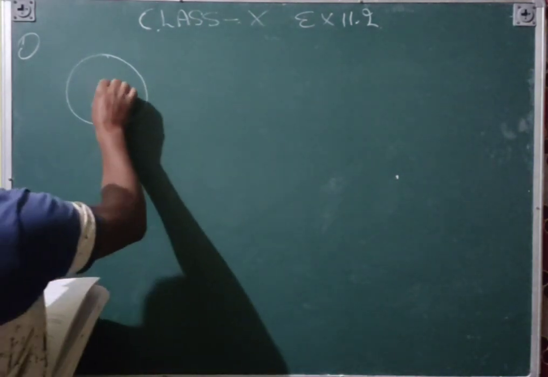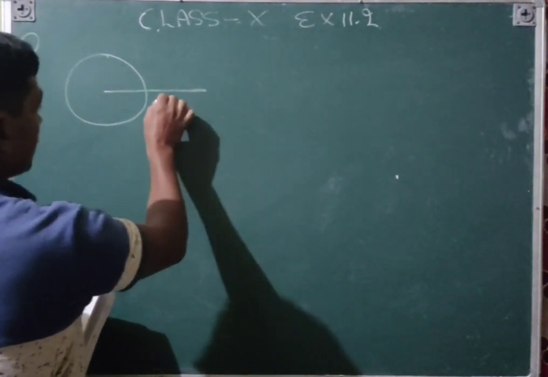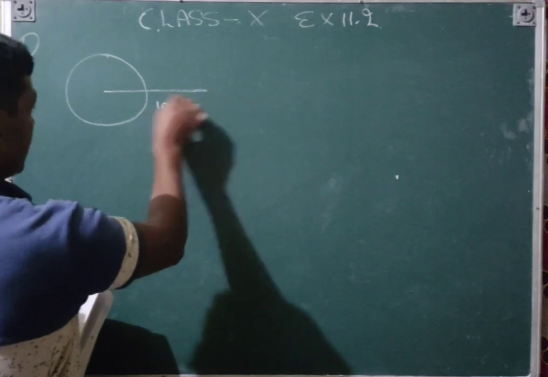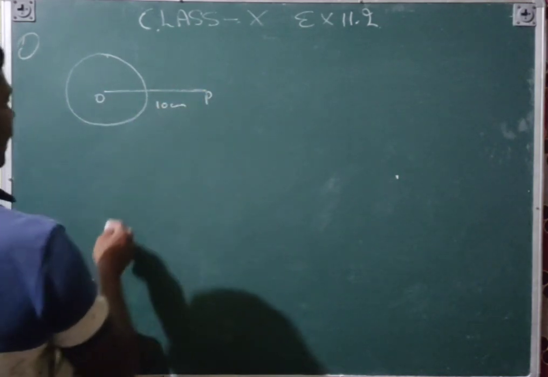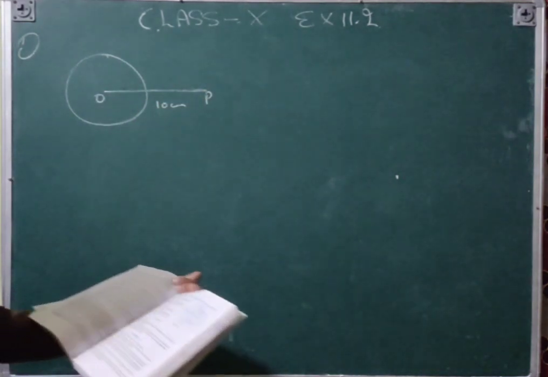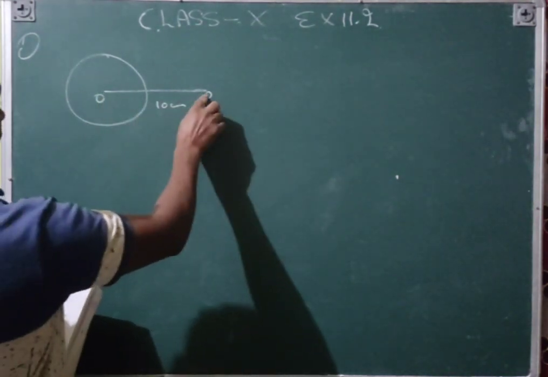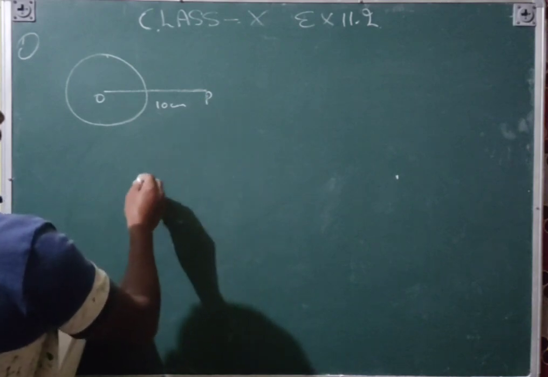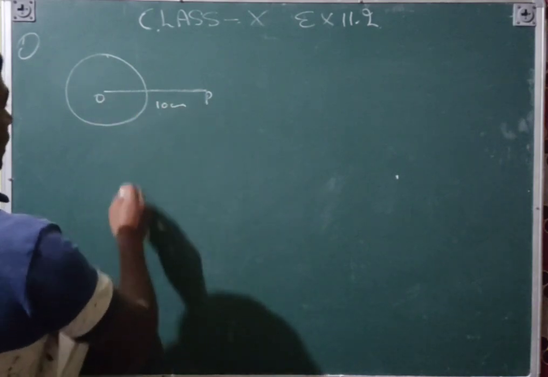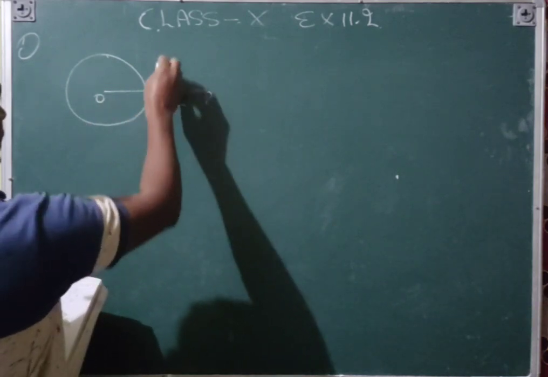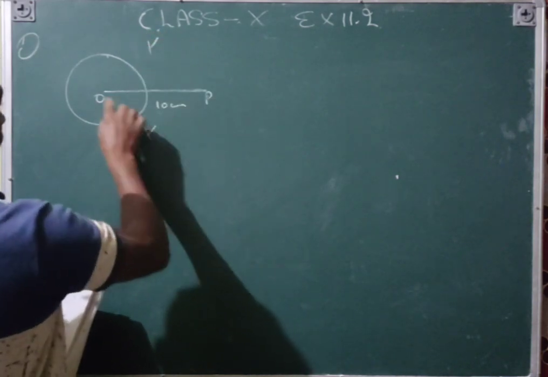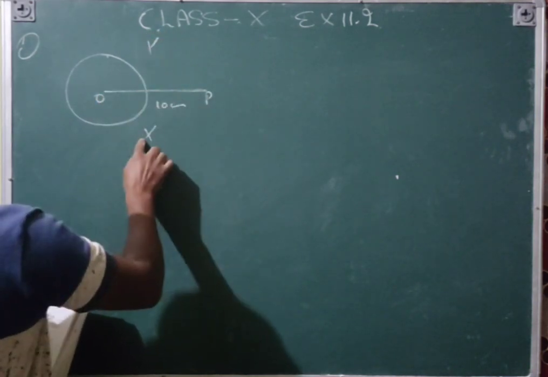So from the center O, at 10 cm away, we can mark any point P, and then draw the tangent and measure also. So we will bisect OP. It means we will take more than half of this distance, and then make two arcs, one from here and one from here.